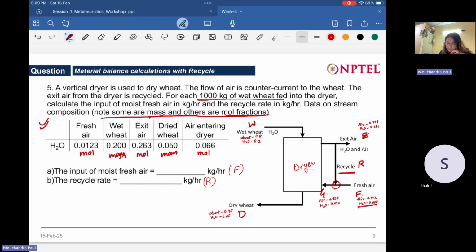We don't know yet how much air and water is there in the recycle feed. So how do we find that out?